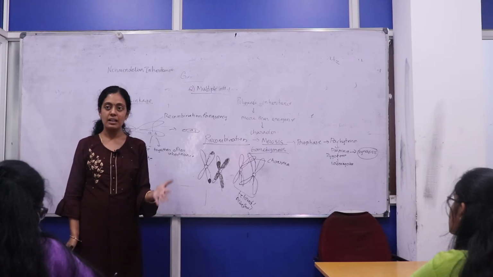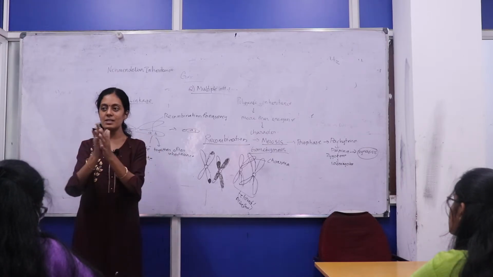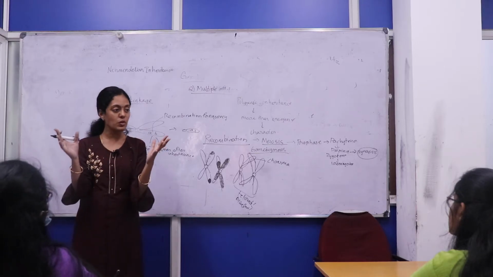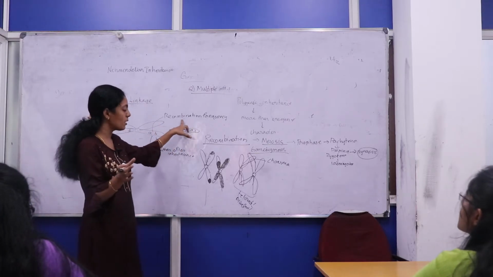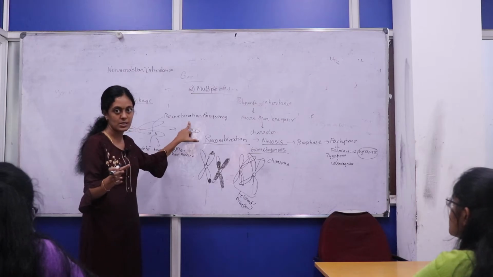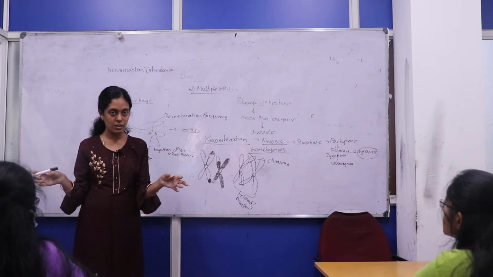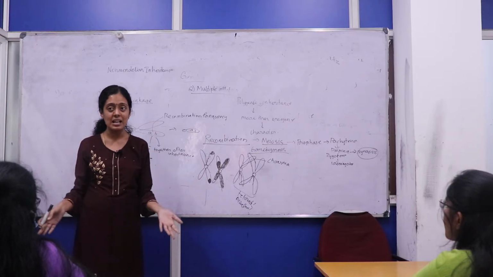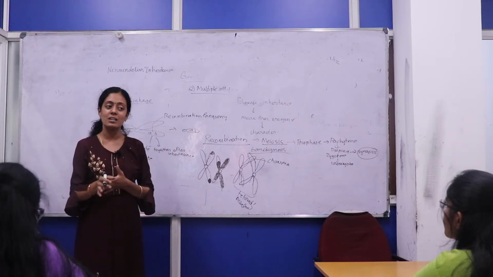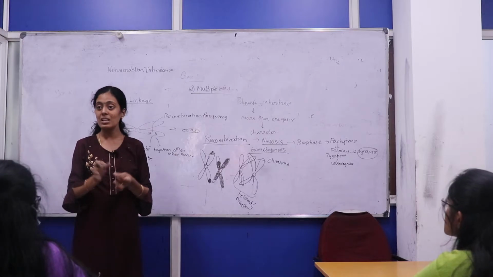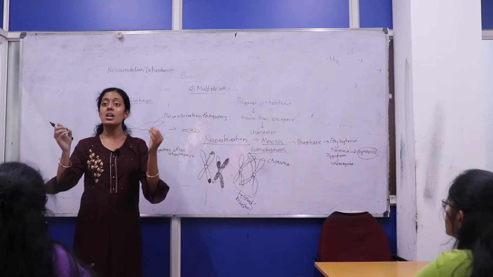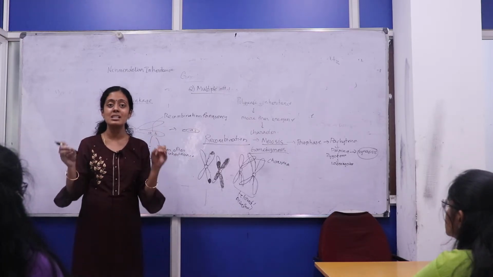I will repeat. The distance between 2 genes is measured in terms of recombination frequency. Greater the distance or greater the recombination frequency, there are very less chances that they will be inherited together. Yes or no? When the genes are far from each other, the chance for them to get inherited together is less.